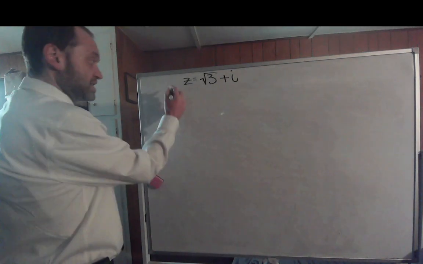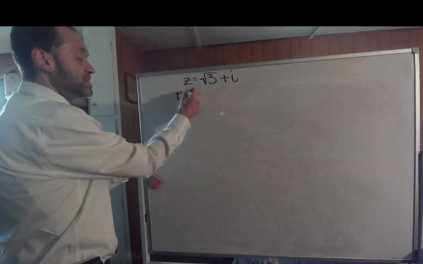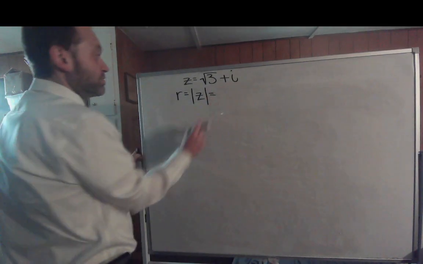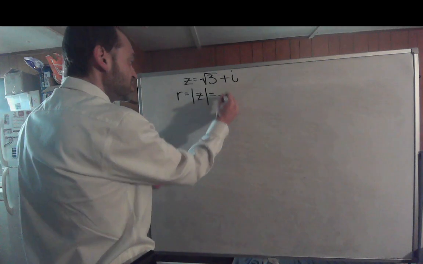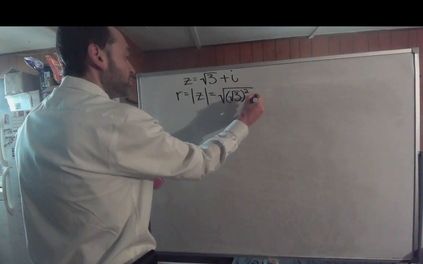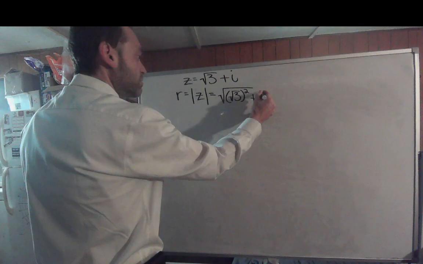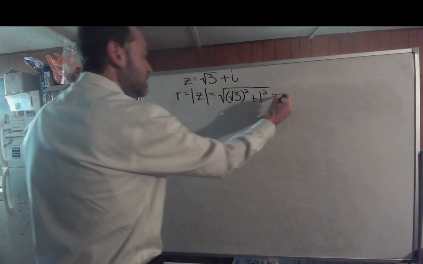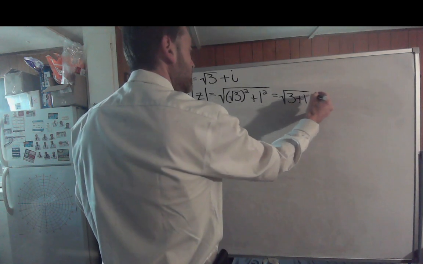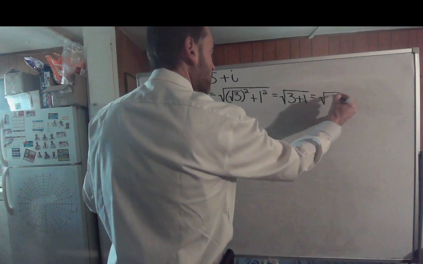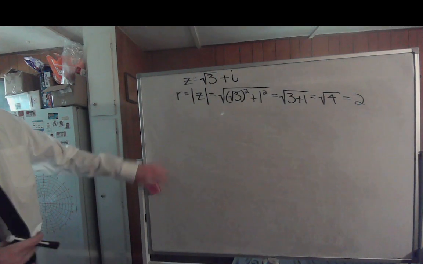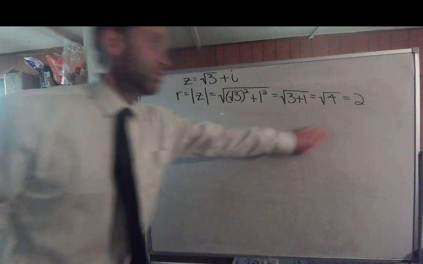First thing I'm going to suggest is you find your r, which is the absolute value of this complex number, which is going to be the square root of the square root of 3 squared plus the coefficient on the i squared, which would just be 1 squared. Well, that's going to equal the square root of 3 plus 1, which is the square root of 4, which would give you an exact 2. So your r in this case is going to be 2.